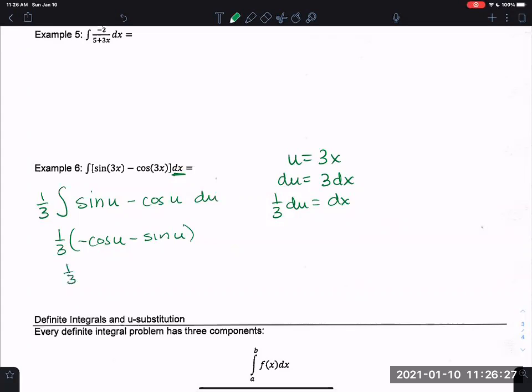So I've got the 1/3 and, you can distribute the minus sign or take the minus sign out of the function. That might look a little bit cleaner once you're done. Cosine of 3x plus sine of 3x, like that. Plus c.